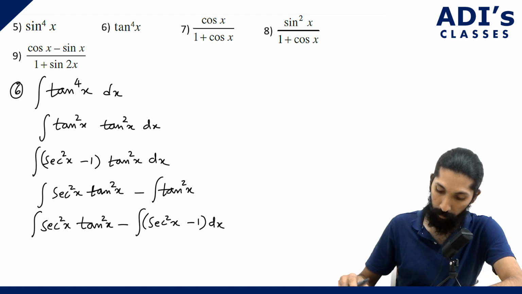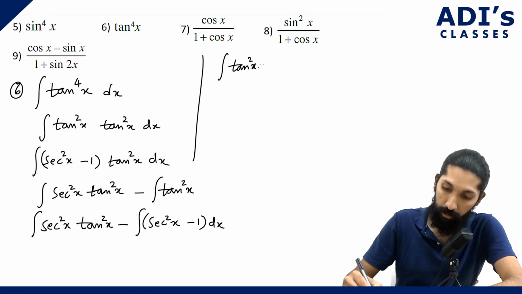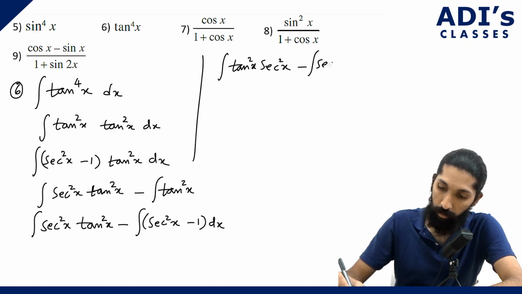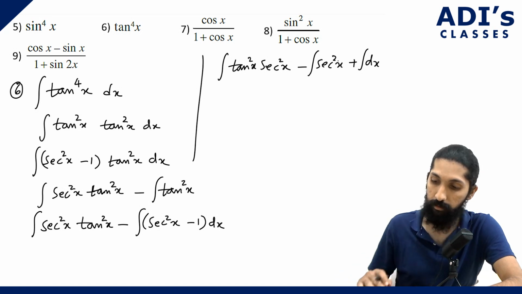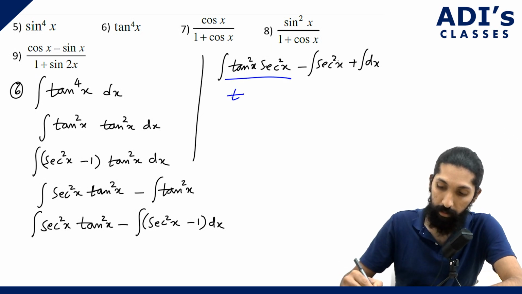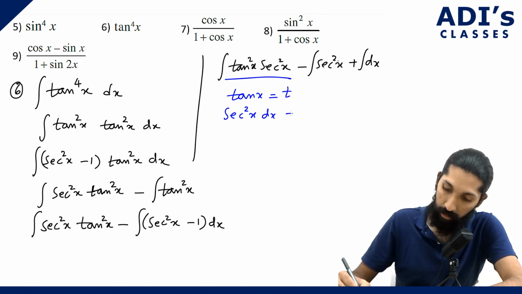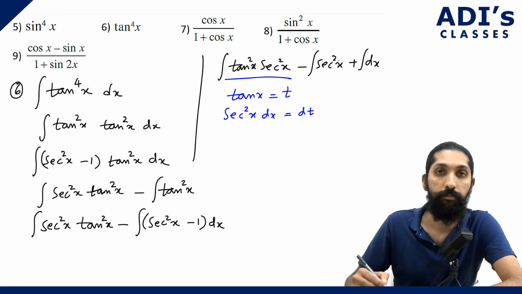So what will you get now? You have integral of tan square x into secant square x minus integral of secant square x plus integral of dx, isn't it? So in the first part here, take tan x is equal to t, then secant square x dx is equal to dt, isn't it?